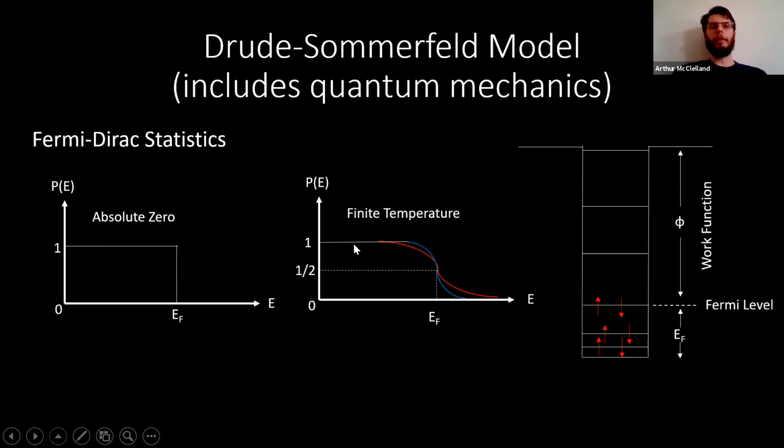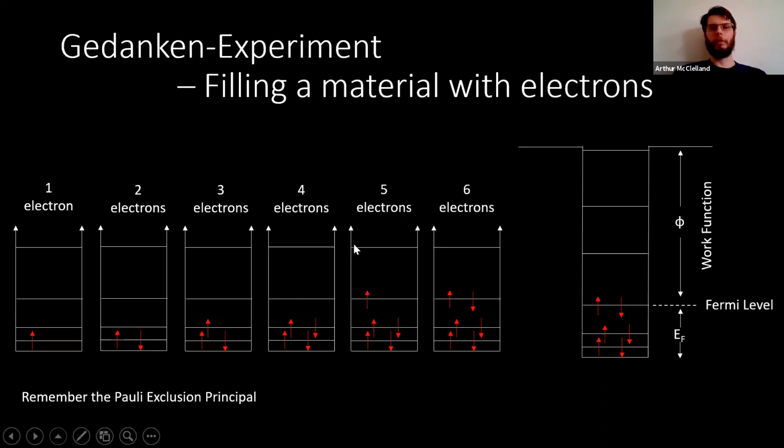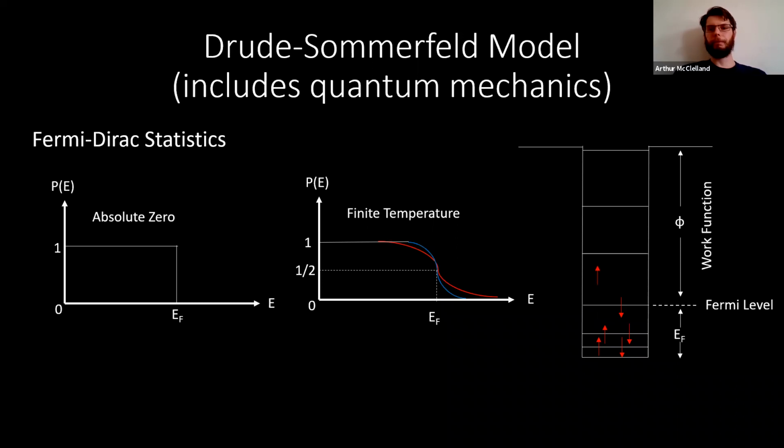If we start adding thermal energy at a finite temperature, an electron will be excited up, but it has to be an electron from the top. It can't be the electron from the bottom because there's nowhere for it to go. The electron in the lowest energy state can't go to the next highest state because that's still occupied.